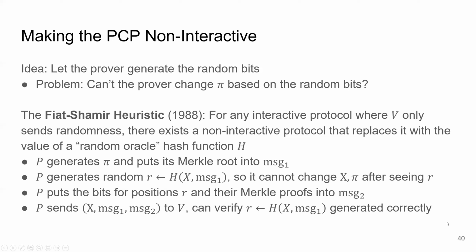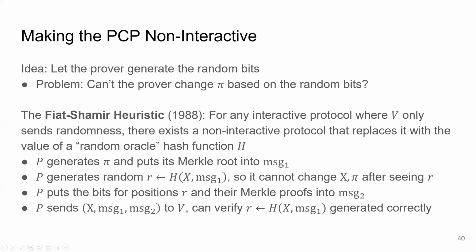And then the prover can send the public information X, message1, which is the Merkle root for the proof, and message2, which contains the random bits for these positions R and the Merkle proofs for them, and send all of these pieces of information to the verifier all at once. So this is non-interactive. The verifier doesn't have to send anything back. But crucially, the verifier can check that the randomness the prover used in this process was generated in a way that is binding to the Merkle root of its proof in the first place.